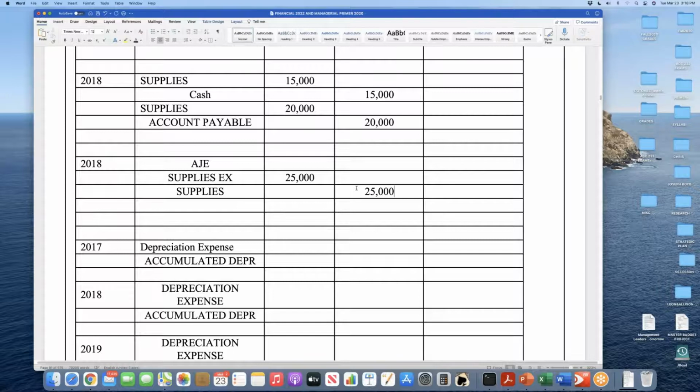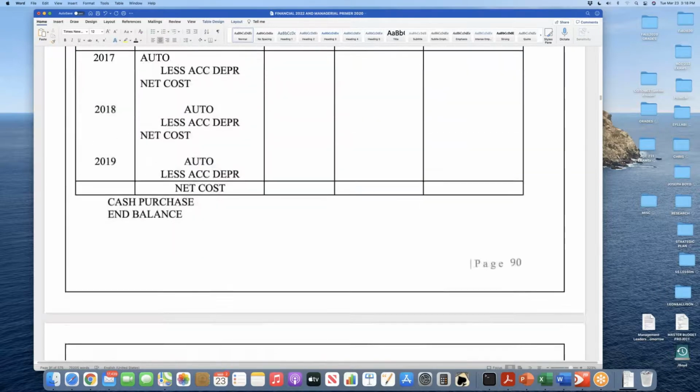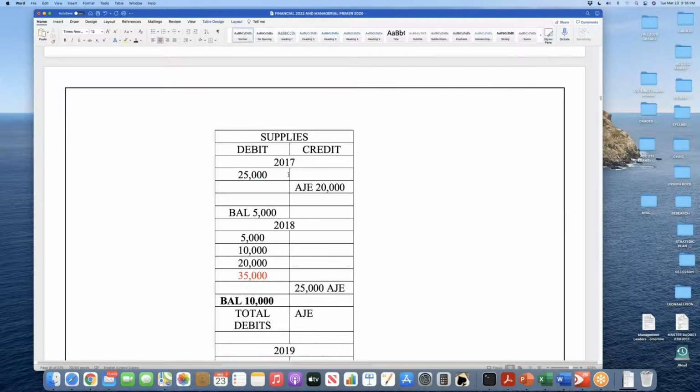So that's just a situation where you have other amounts in there, but we're fundamentally doing the same thing. We had 5,000 at the start of the period. We bought 10 and 20, so we're up to 35, but the ending balance is 10, so the AJE is 25,000.